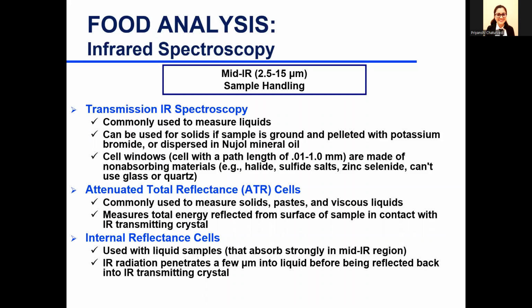I don't think I have a picture of this, but if you have like a paste, I did ATR on corn syrups. If you have the incident light coming in at an angle, say you've got a slide and you smear your corn syrup on top of it, now you've got a thin layer of corn syrup on top of your slide.